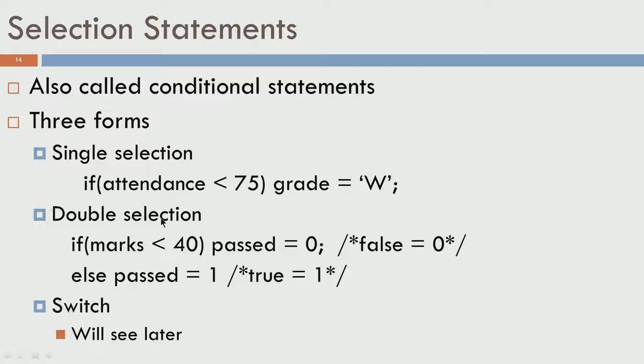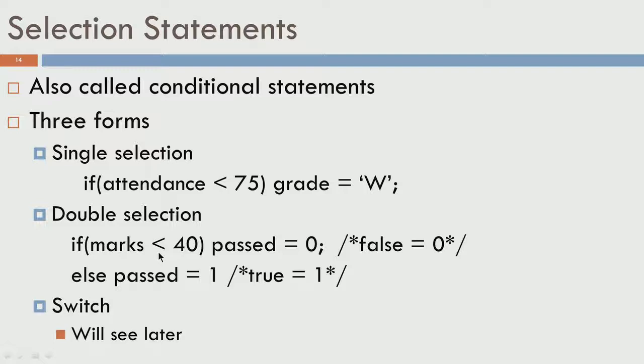A double selection statement, on the other hand, has two things that you could do. You could have: if marks less than 40, passed equals 0, else passed equals 1. You have two statements, and one of them will be executed depending on the marks.